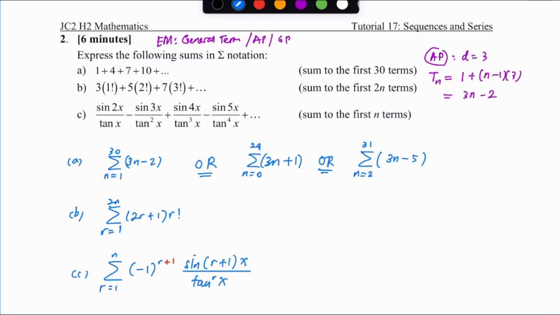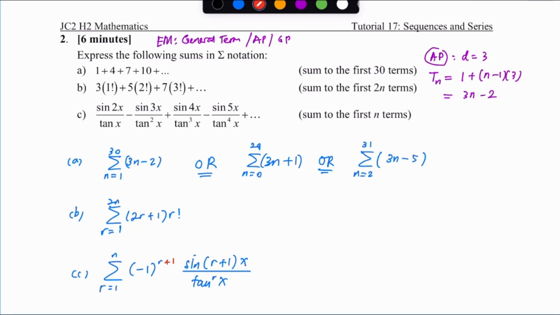So when you change your limit, not just the limit changes, the expression also needs to change. Correct. And in one of the questions below, we'll see how the expression changes when we change the variable or the limit.